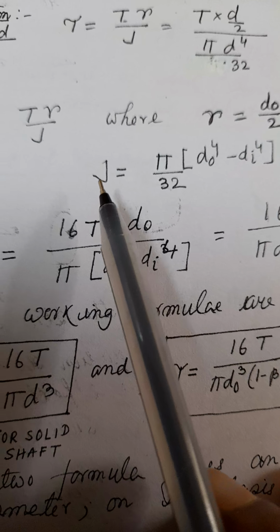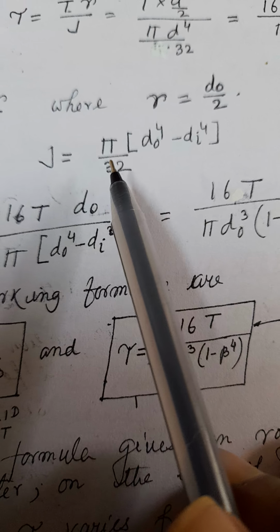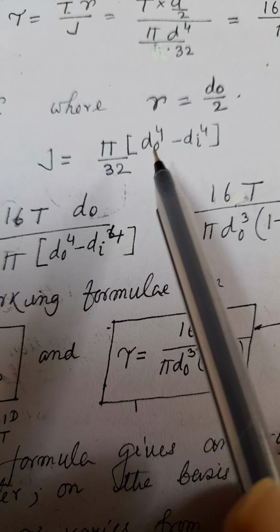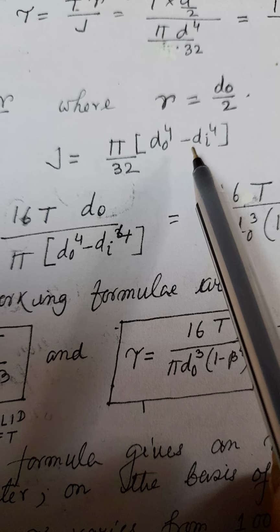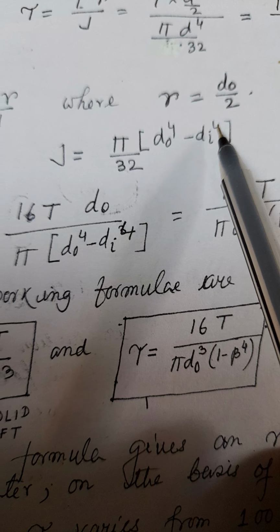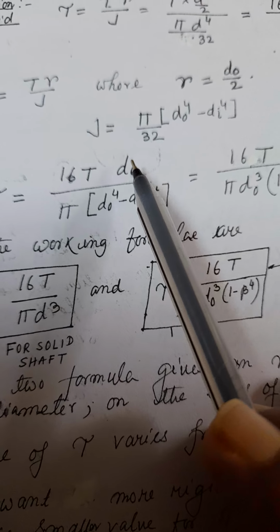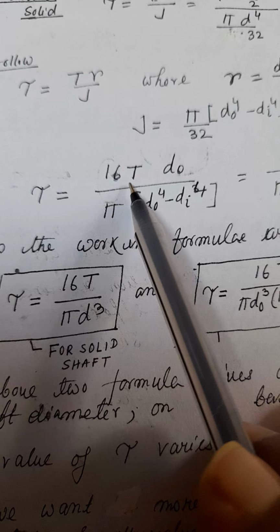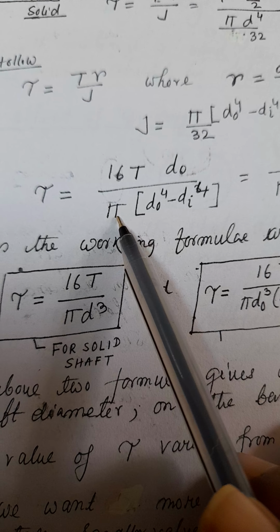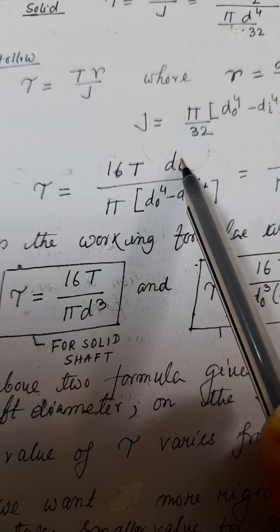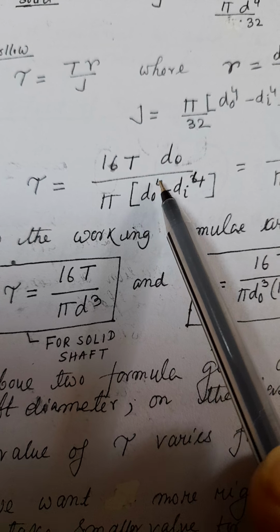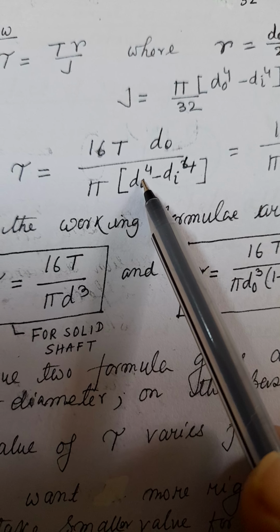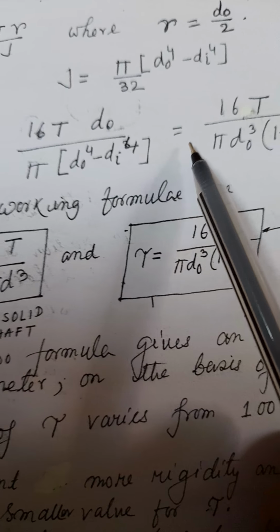So you can take J is equal to pi by 32 into d naught to the power 4 minus di to the power 4. Now tau is equal to 16T d naught by pi into d naught to the power 4 minus di to the power 4.